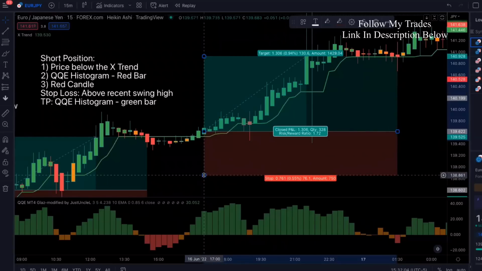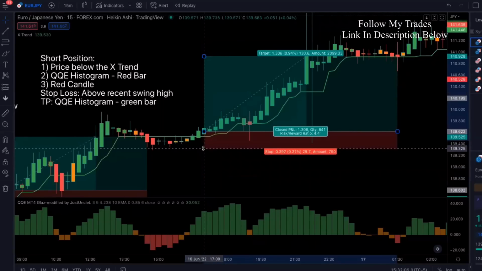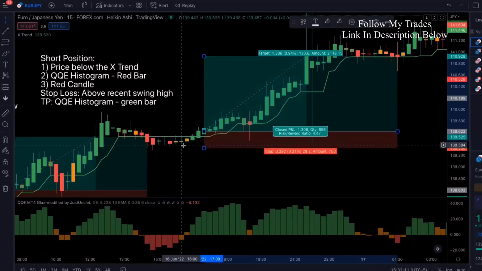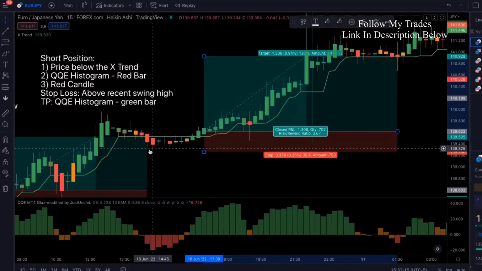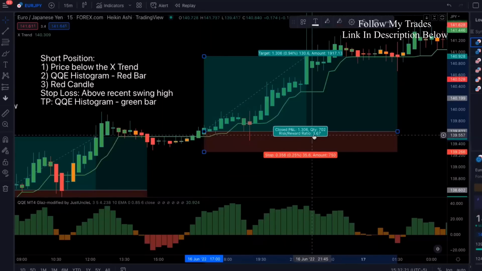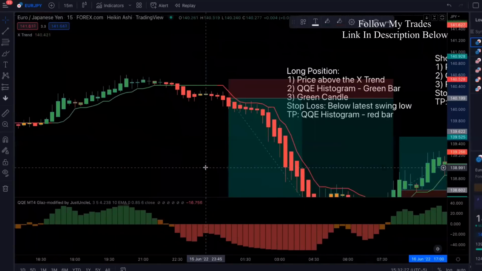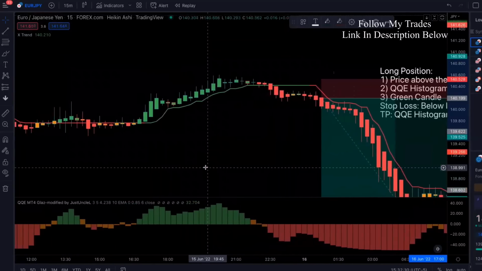And the latest swing low would be right here as a stop loss, because here's the latest swing low, right? So you could even give it some extra breathing room, right? And even with that, the risk to reward ratio on this is 1 to 3.67. That's ridiculous. Now let's go back and see if there's any other opportunities right here.